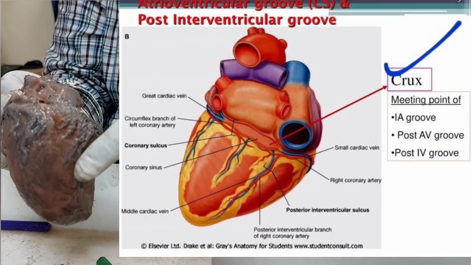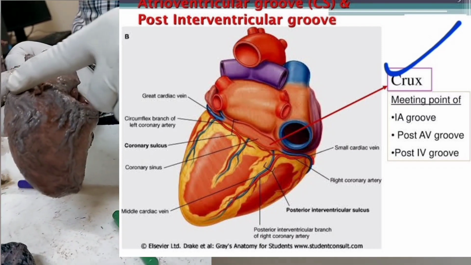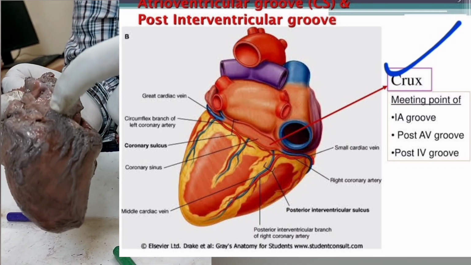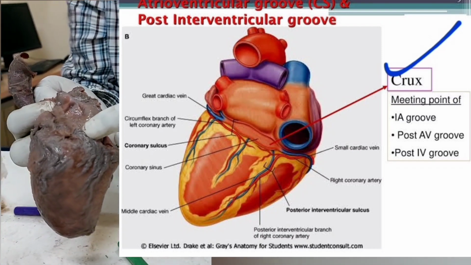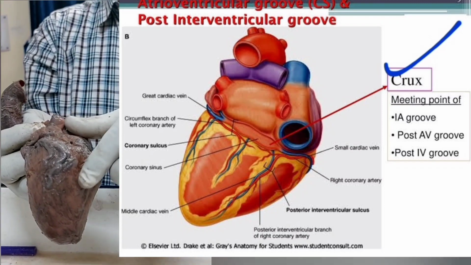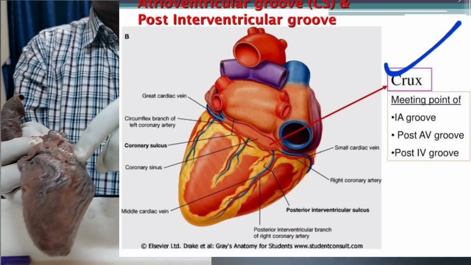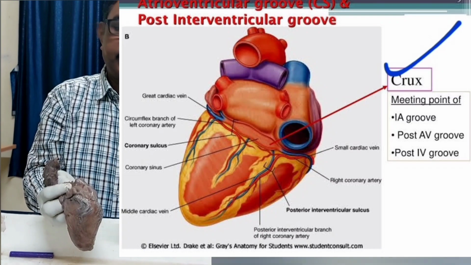Here there is a meeting point of interventricular groove, interatrial groove and the atrioventricular groove, right side and left side. That point is called the crux of the heart. So it is the meeting point of all the grooves on the posterior side or on the posterior atrioventricular groove or coronary sulcus at that point.